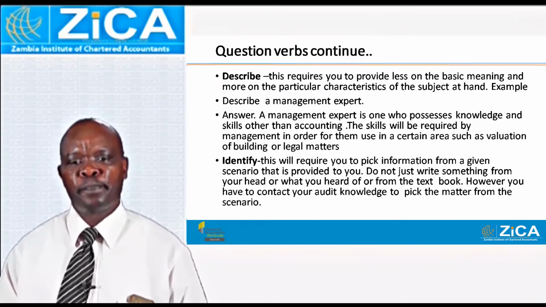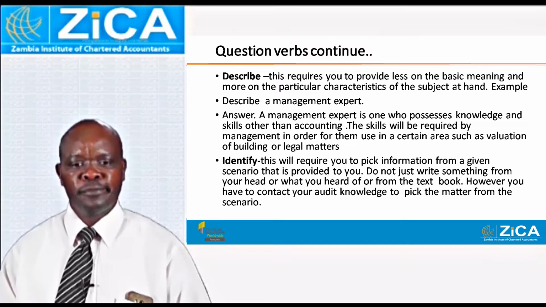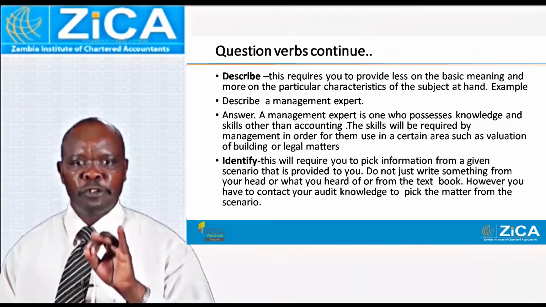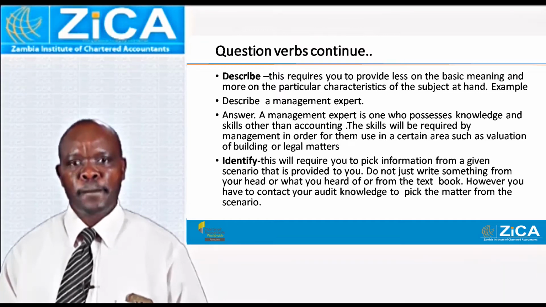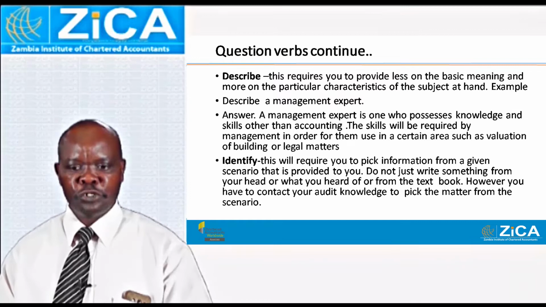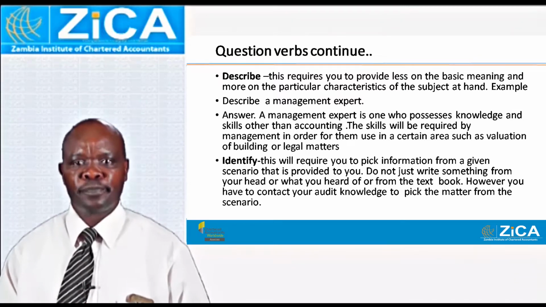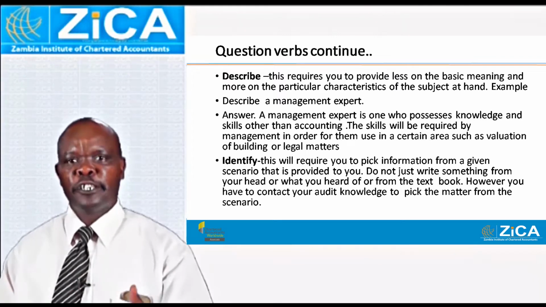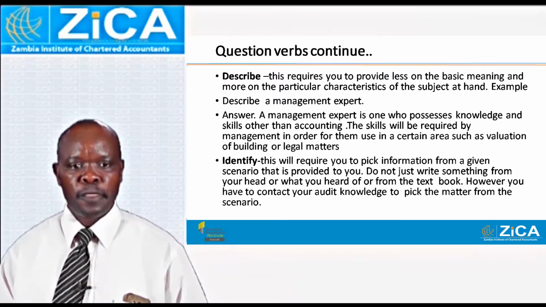It doesn't help. So the best you can do is look for the information that is contained in the scenario, because that's what the examiner wants you to do. And when you bring out this information, it must actually relate to what is in the scenario. So there must be that contact between your answers and the information given to you.